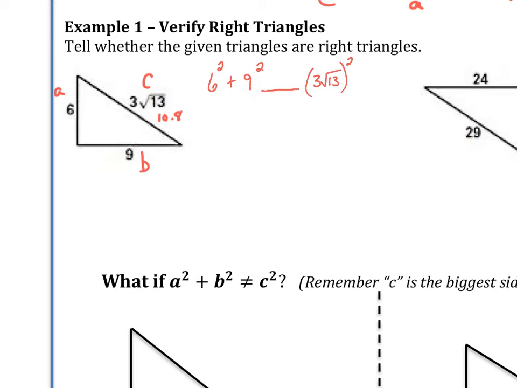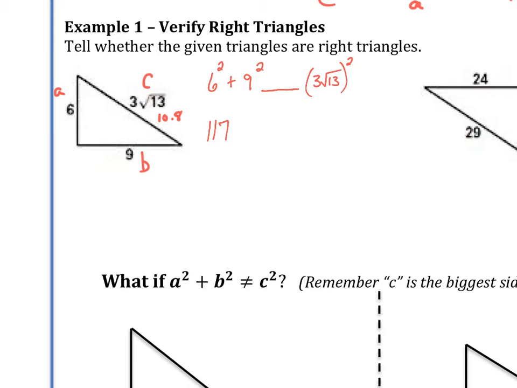So 6 squared is 36, 9 squared is 81. So if you take your calculator, 6 squared plus 9 squared, we get 117. And now, on the right side, we do have to use parentheses when you type this in, or else you get the incorrect answer.